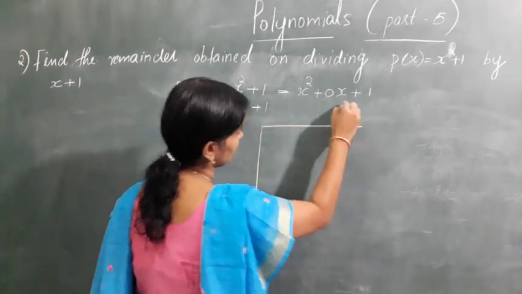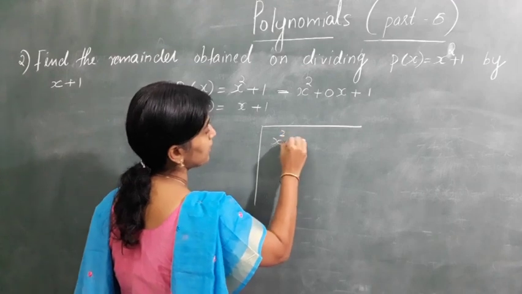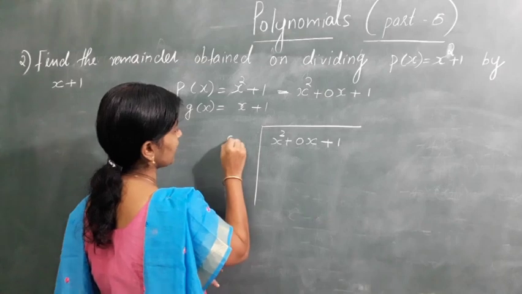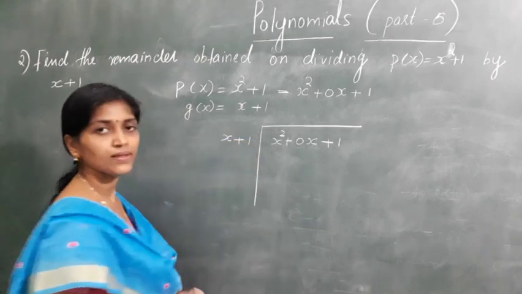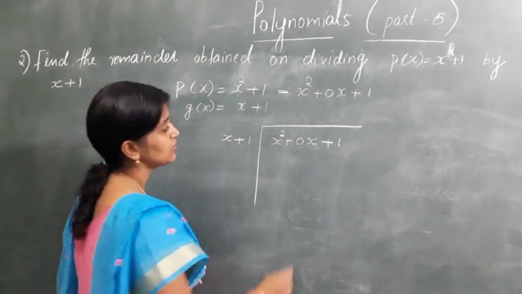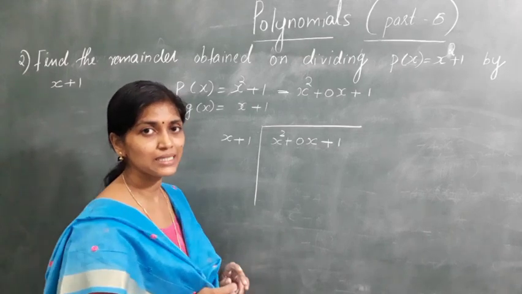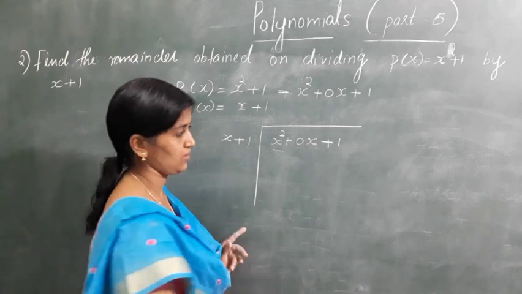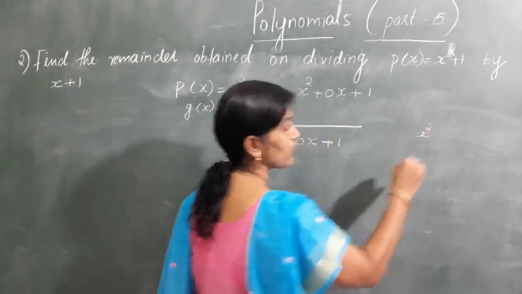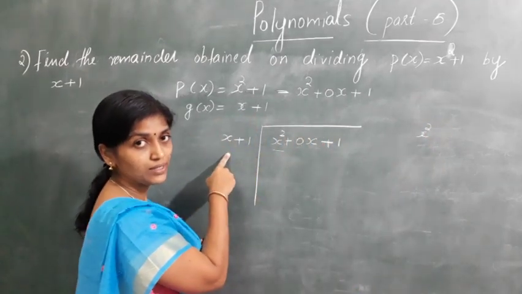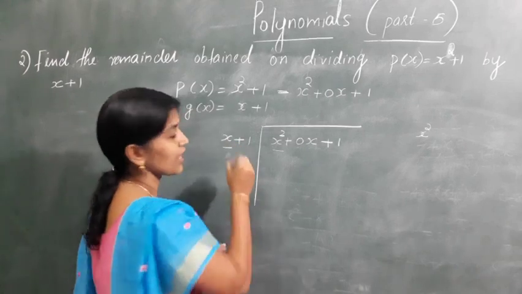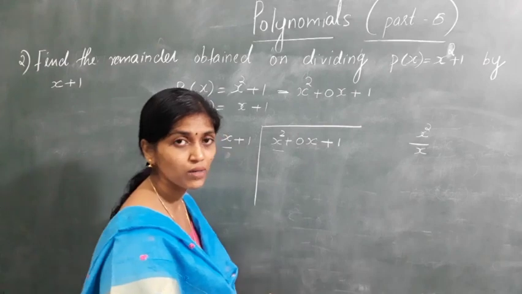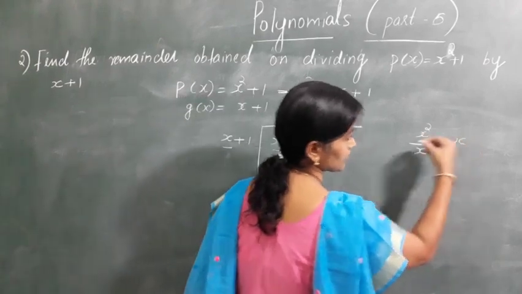So, divide x square plus 0x plus 1 by x plus 1. Our usual step: take the first term here, that is x square, divided by the first term of the divisor, x. So x square by x is equal to x.